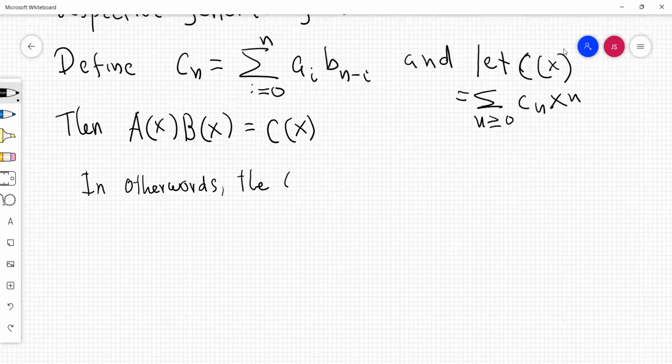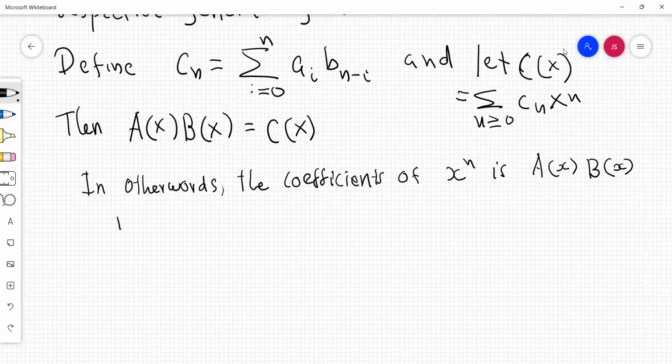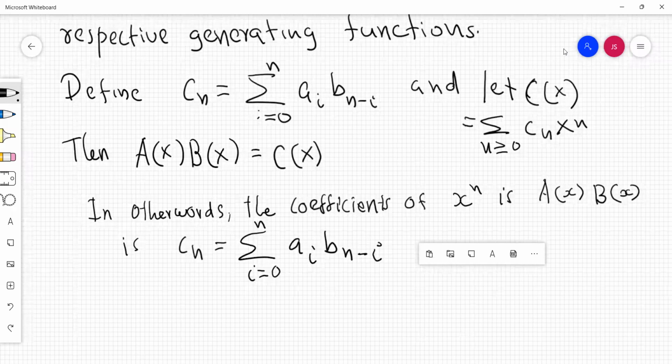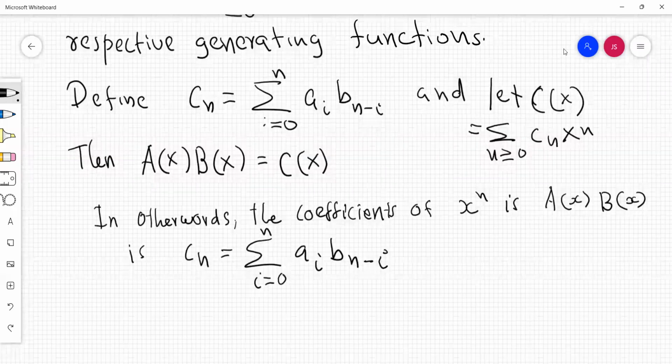In other words, the coefficient of x^n in A(x) B(x) is C_n, the sum for i equals 0 to n of a_i b_(n-i), right? Of course, there is a bunch of notation in the definition, but it's a very simple thing.